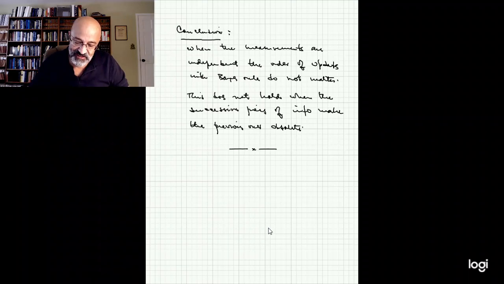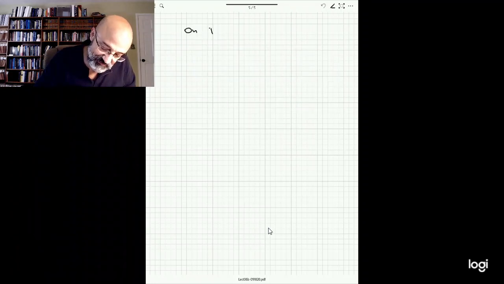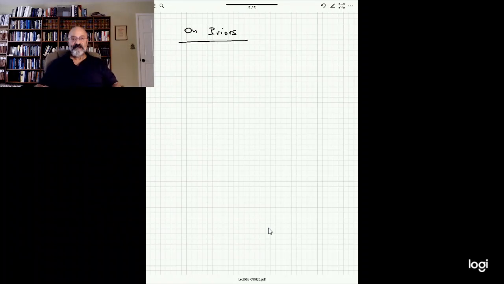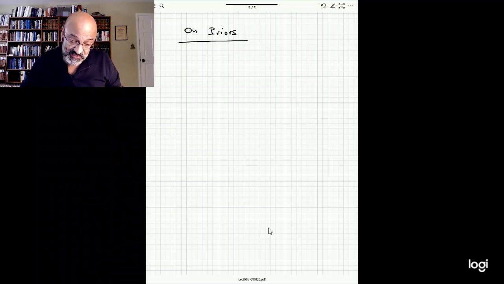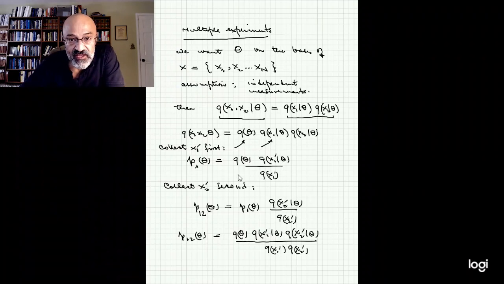I want to talk a little bit more about priors now. One of the things that became clear in this previous example, so let's go back to it: when we perform many experiments, we start with a prior, we incorporate the information from one experiment, and we get a posterior.